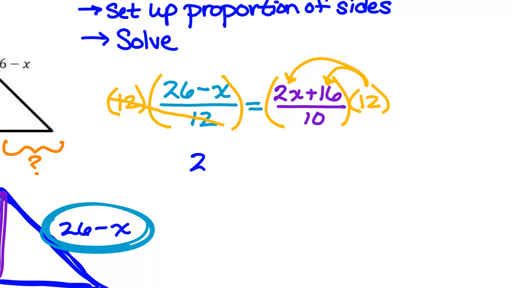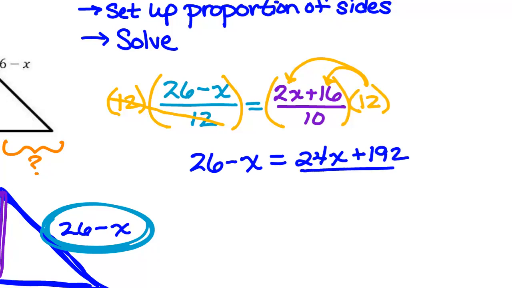So I would have 26 minus x equals, what's 12 times 2x? 24x. Plus, what's 16 times 12? 192. We still have that denominator of 10 over here.